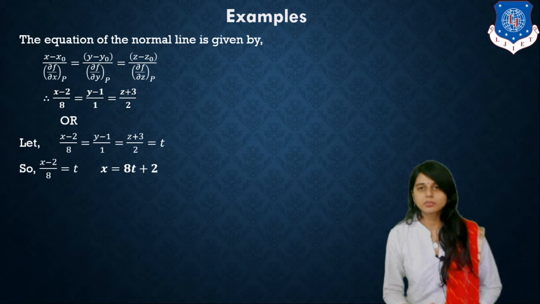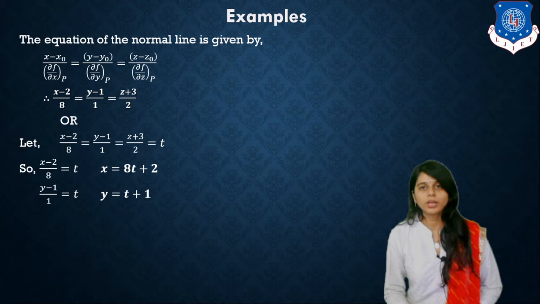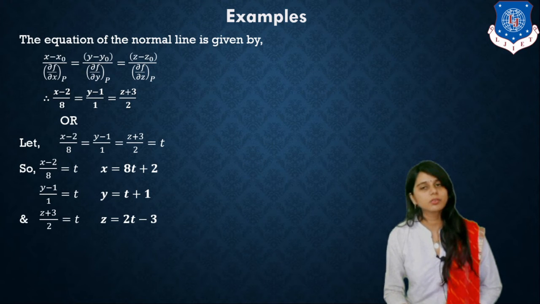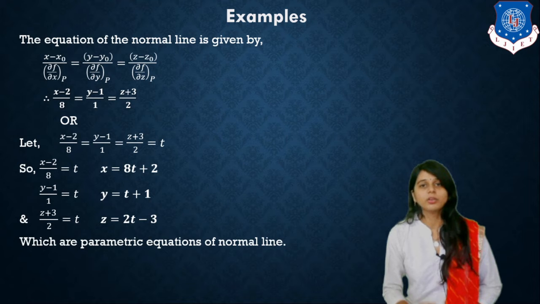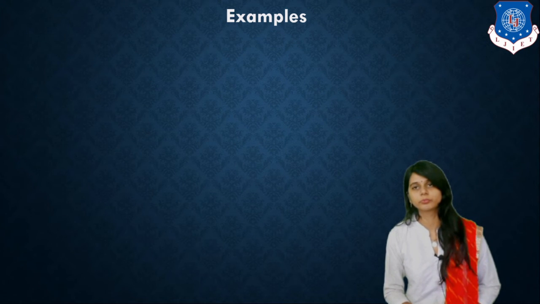So we get x equal to 8t plus 2, y equal to t plus 1 and z equal to 2t minus 3, which are the parametric equations of the normal line.